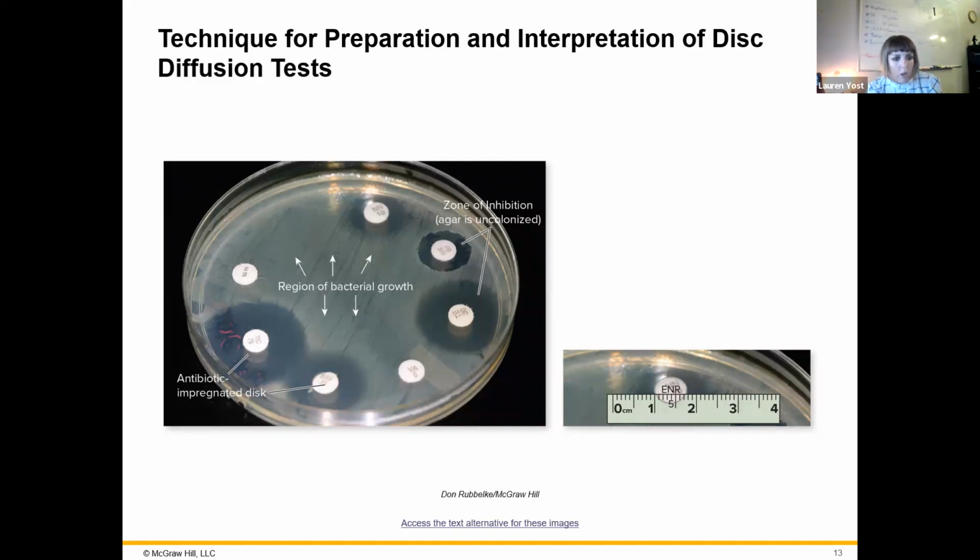So you got a throat swab and you swabbed on it, and then you stamped your little antibiotic discs on there, and then you grow it, and then you come back the next day and you find out that here we have your antibiotic, your organism is susceptible, right? It's being controlled.